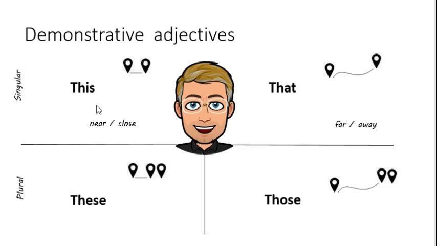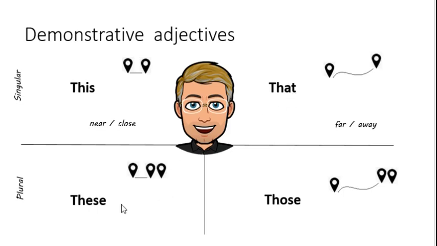So we use this when, for example, you are close or near to a singular object or a person. If you are not next to the person or object, if you are a few feet away, maybe 10 or 15 feet away, you will say that.